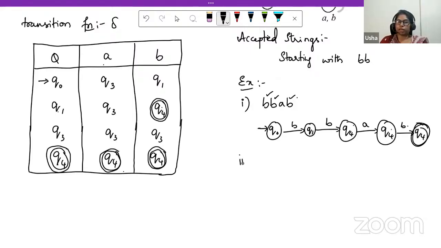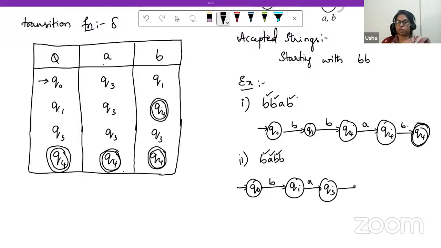Now give any string that starts with A or BAB, something like BABB. From Q0, the first input is B, that takes it to Q1. Second input is A, that takes it to Q3.